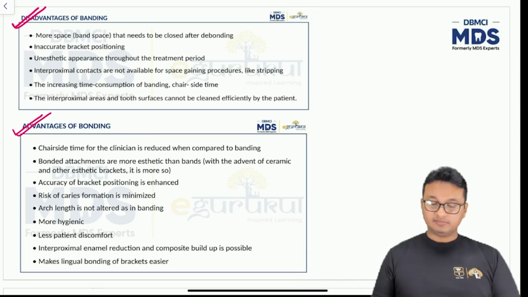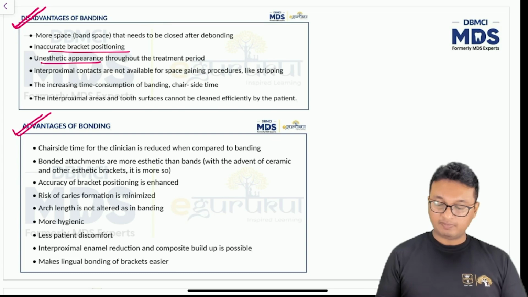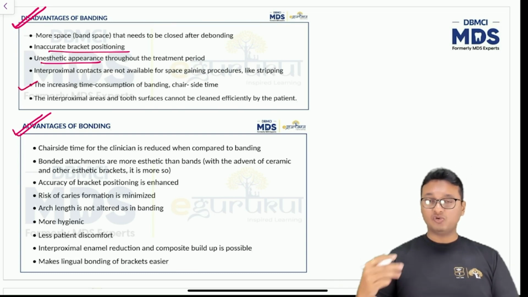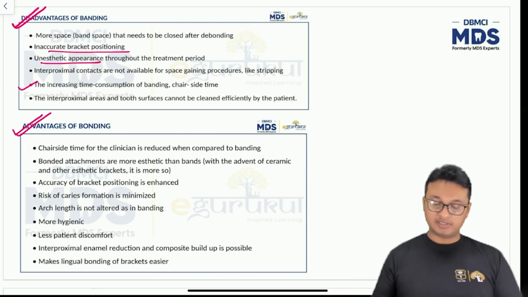Disadvantages of banding, you can see we have aesthetic appearance, we have inaccurate bracket positioning, and increased chairside time. That means more time is required for banding the molar bands onto the teeth.